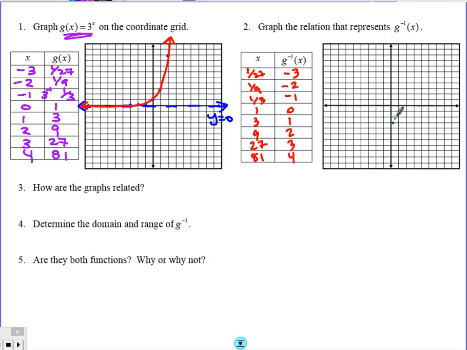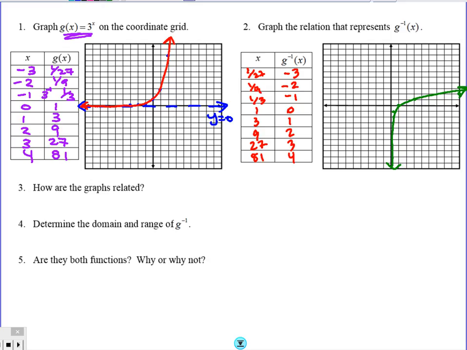All right, 1/9 down 2. 1/3 down 1. Over 1, 0, 3, 1, 9, 2. All right. So it looks like we're growing this way, like that.